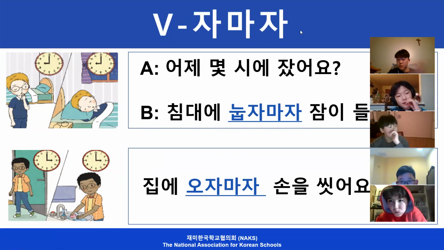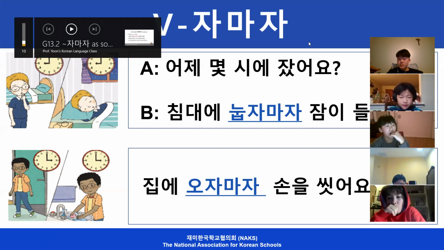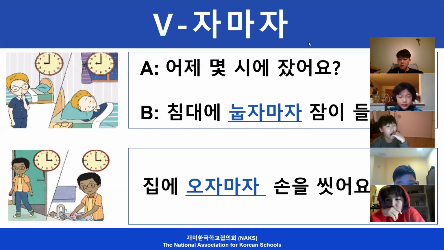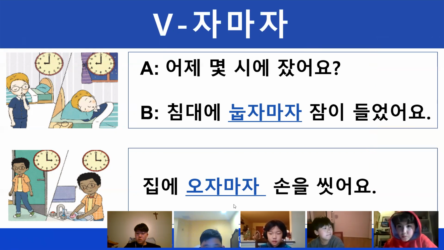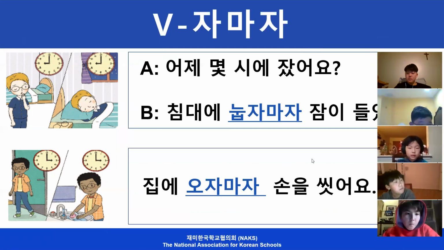And then Leon, you can read B. 침대에 눕자마자 잠이 들었어요. Okay. So what do you think that means in English? Once I went on my bed, I fell asleep. Yes.